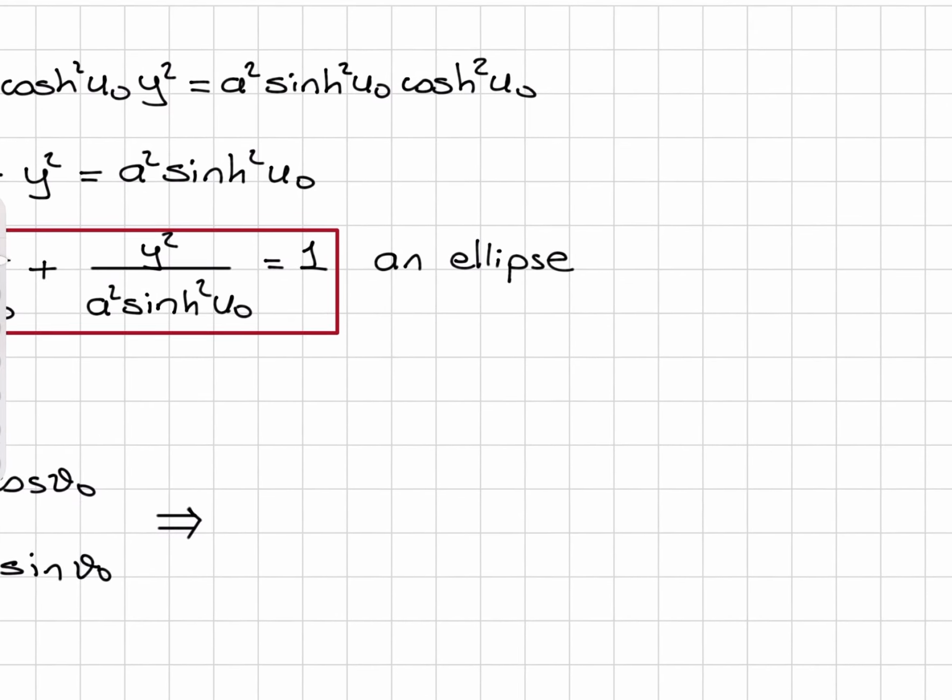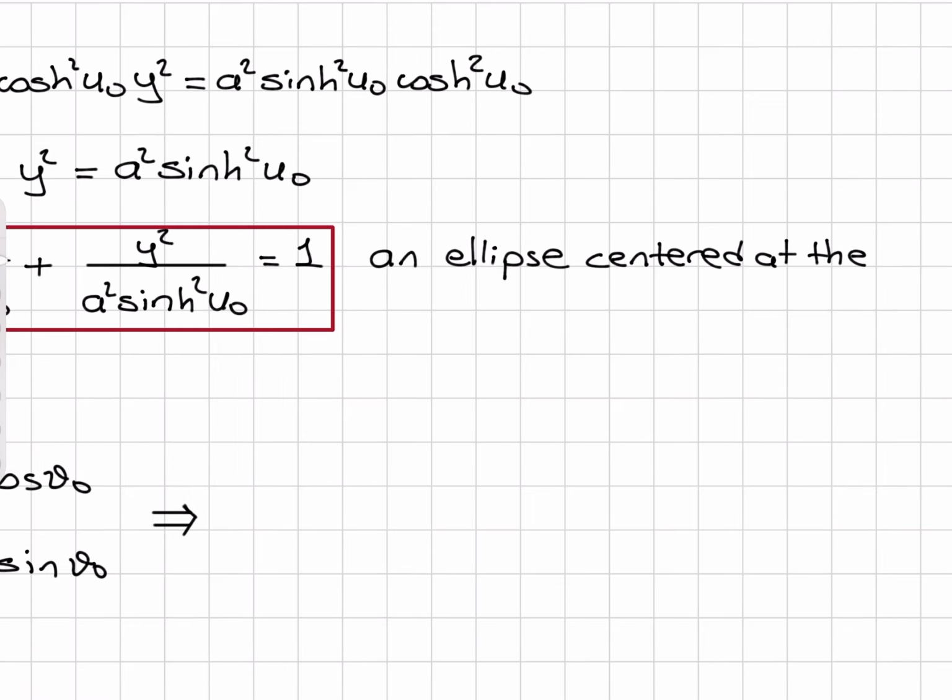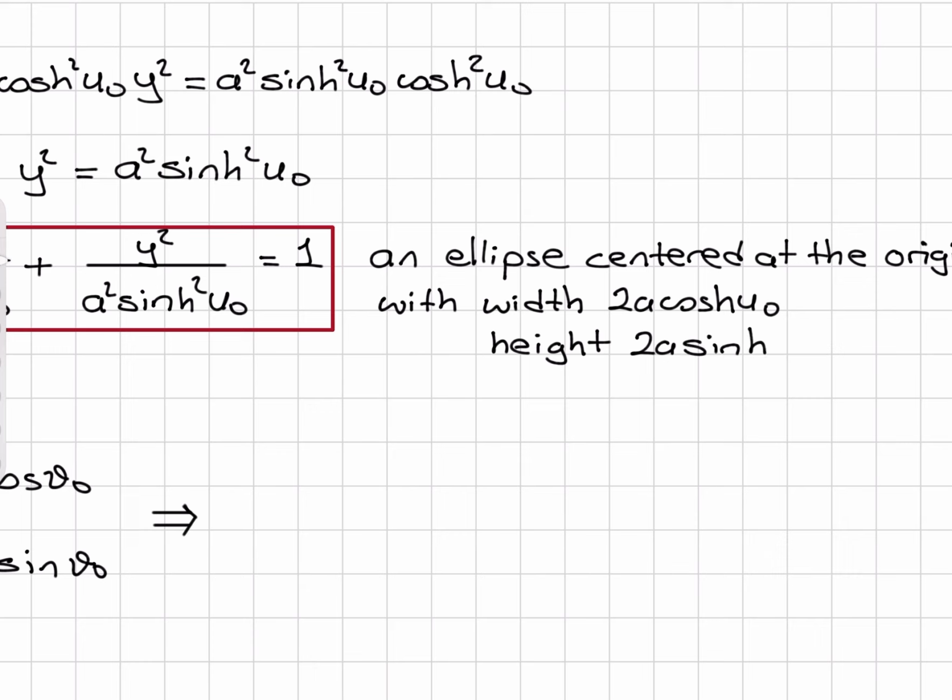So it is centered at the origin, the equation of an ellipse, with width 2a cosh u0 and height 2a sinh u0.